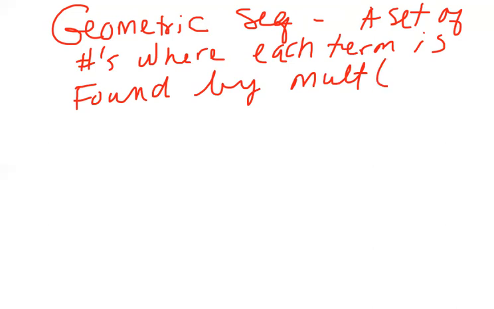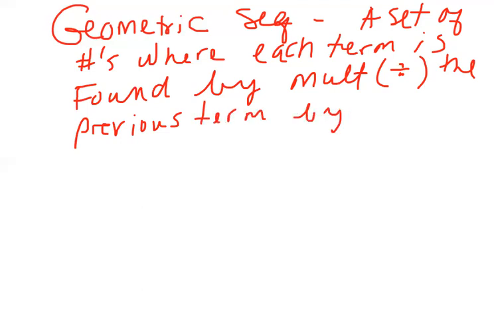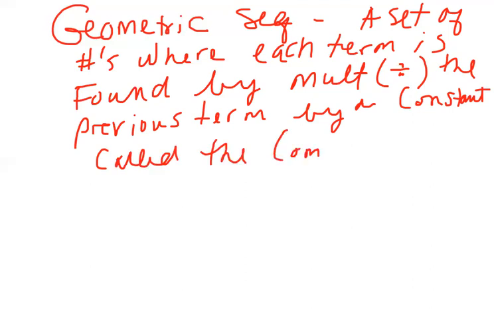By the way, I'm going to put division in here too. Remember, multiplication is the inverse of division, vice versa. Each term is found by multiplying the previous term by a constant called, this time, the common ratio.